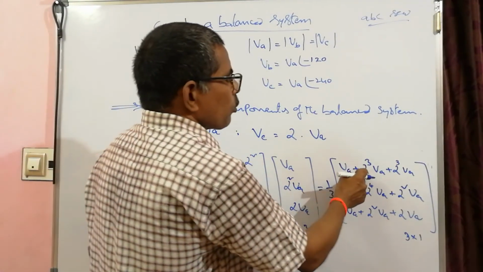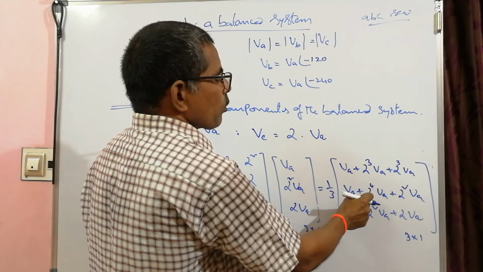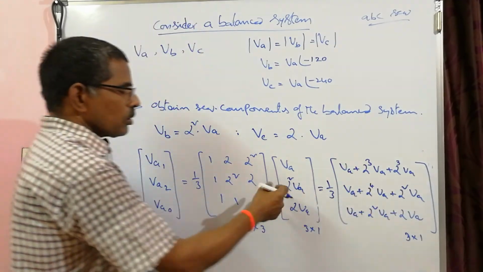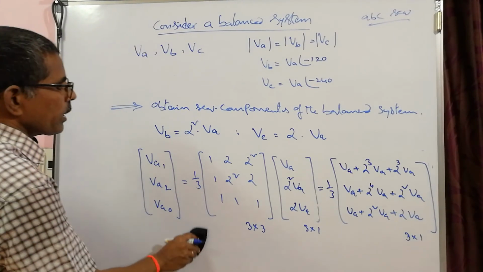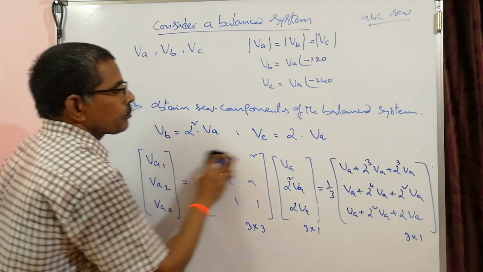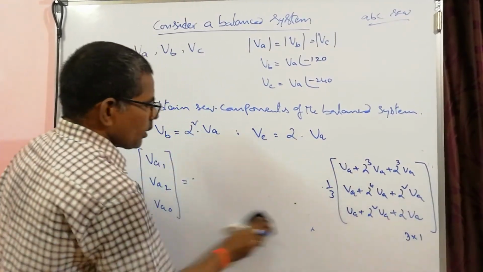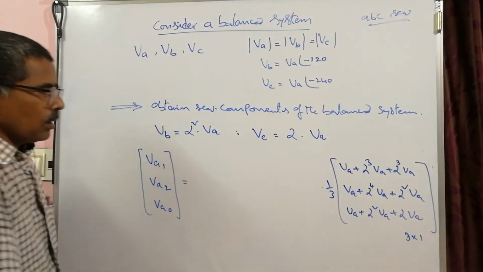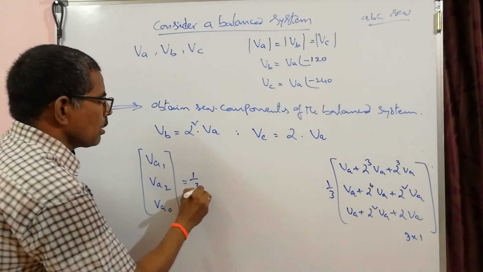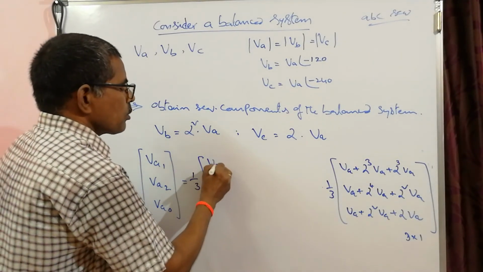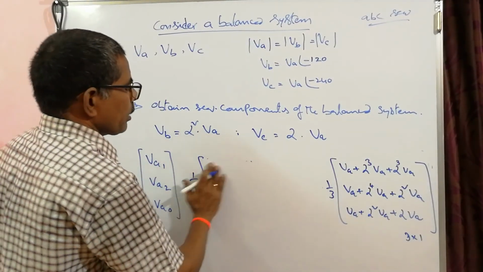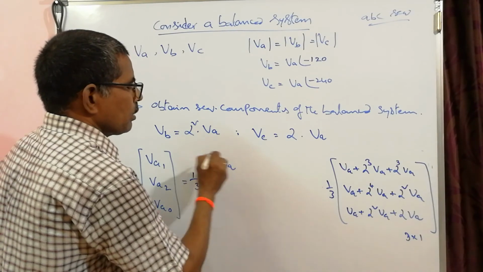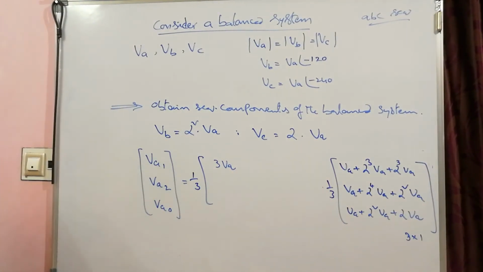Now what is alpha cube? It is 1. What is alpha power 4? Alpha. So such substitutions if you do, you will be getting 1/3 of this as VA plus VA plus VA, is it not? This is 3 VA. Then what is the second term?